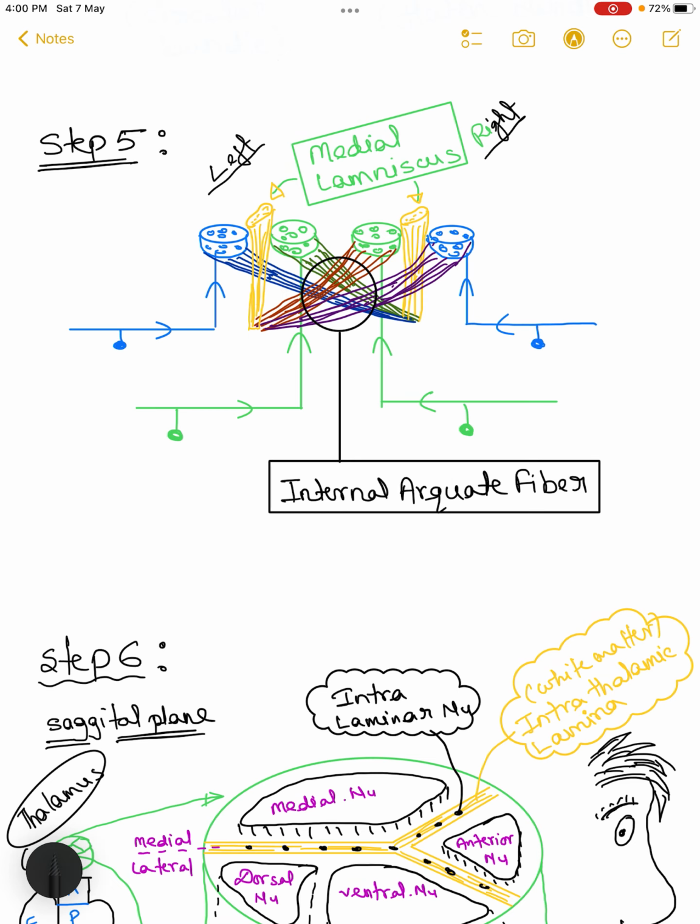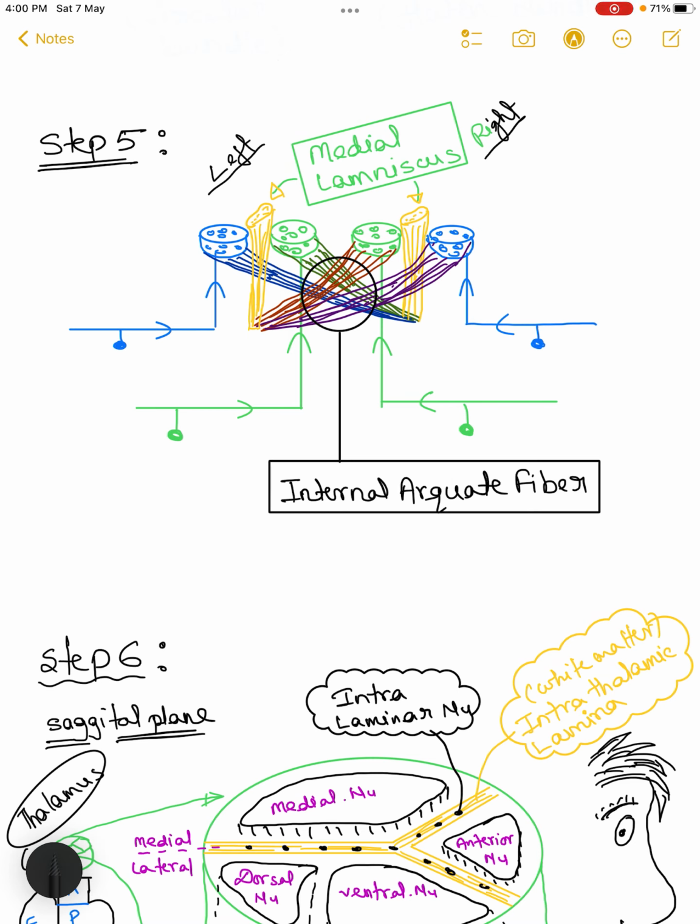So nuclei of what? Now see here. The green one is medially present, and I already told you what medially is. Medially is our fasciculus gracilis, so it will be the fasciculus gracilis nucleus, and laterally the blue nucleus is the fasciculus cuneatus nucleus.